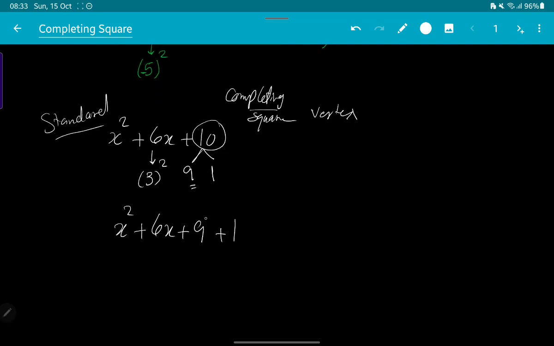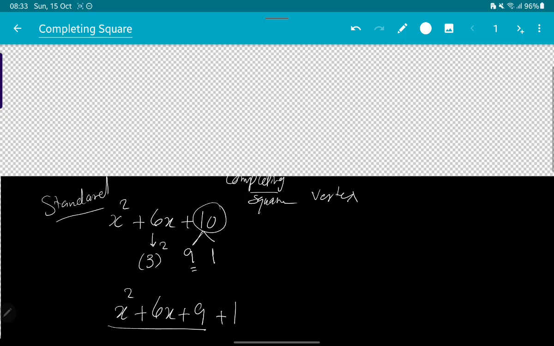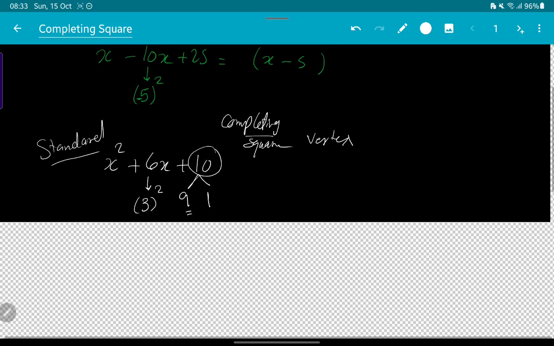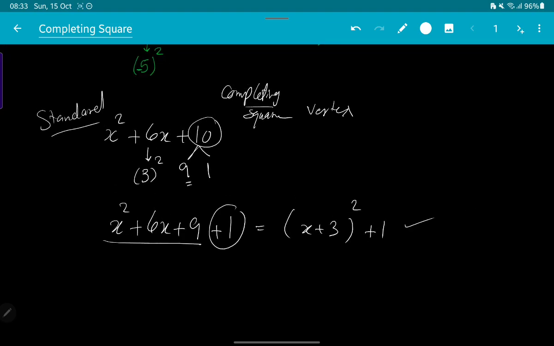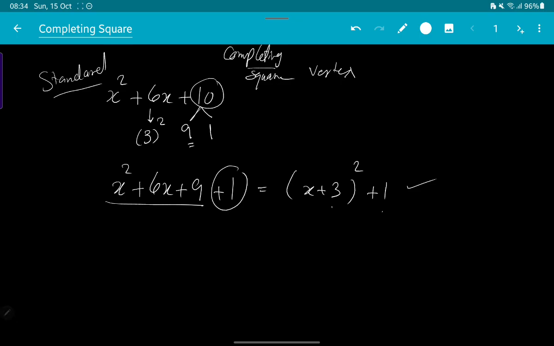Now this is the perfect square that we had from the beginning. We can put it as x plus 3 squared, and the positive 1 will remain outside. So this is the vertex form, with h and k. This is how to do completing the square.